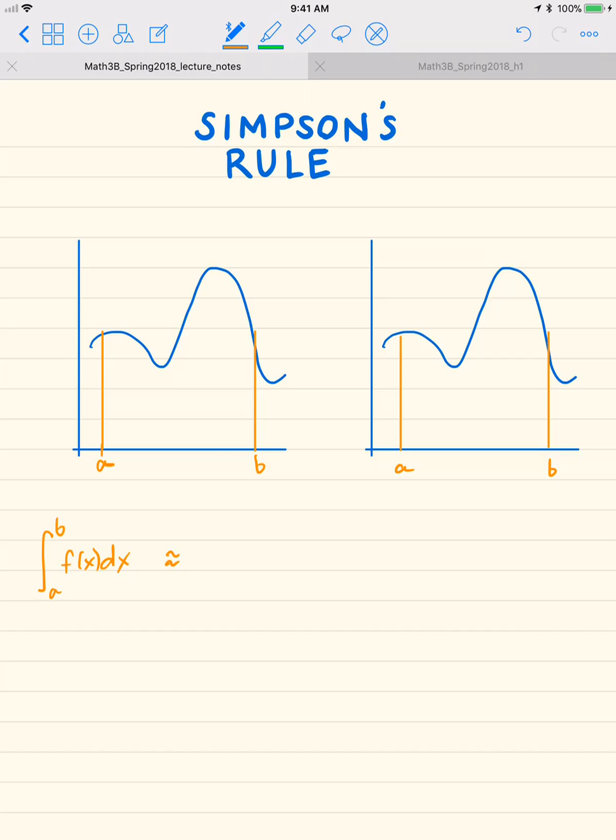And the idea is that it's approximately, in this case, let's just say T3, which would mean take our interval and split it or partition it into 3 subintervals.